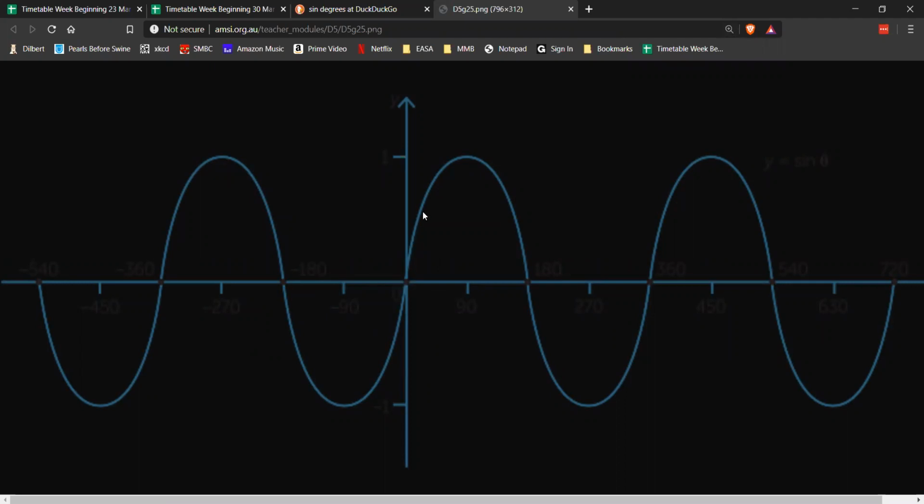They start out at 0, go up to maximum positive, down to 0, then go negative. We said they'd go negative at some point, but then they repeat. The source of this repeating is the fact that we go round and round that circle. So that's the source of the behavior of the sine and the cosine functions.